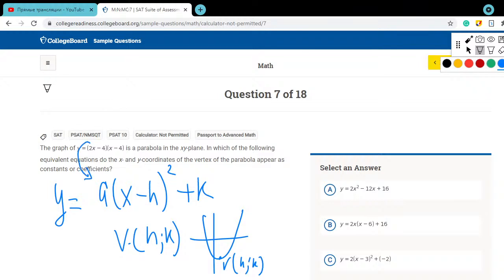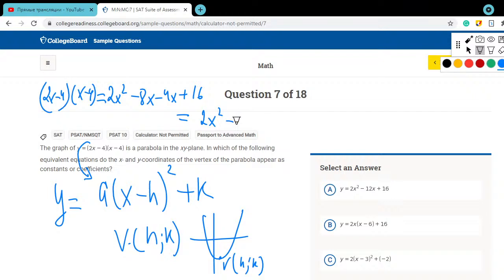How do we do it? 2 times x minus 4 times x minus 4 equals, we multiply, 2x squared minus 8x, so minus 4x plus 16, and this can be written as 2x squared minus 12x plus 16. So we have to get something out of it that looks like this.